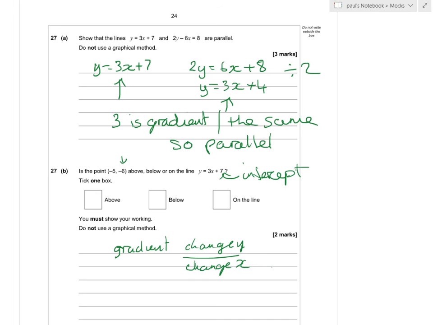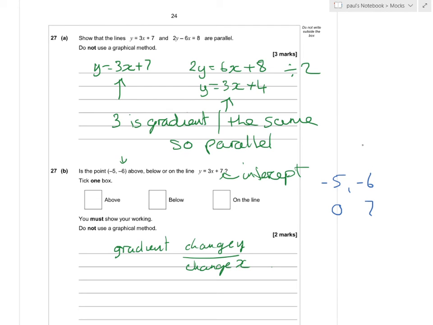So let's have a look at these 2 points. What we've got here. We've got this point here, which is minus 5, minus 6. And we've got another point there at the intercept, which is the y-intercept is 0 and 5.